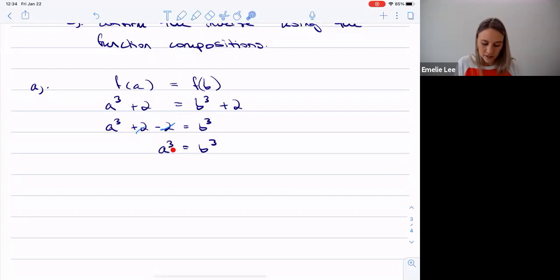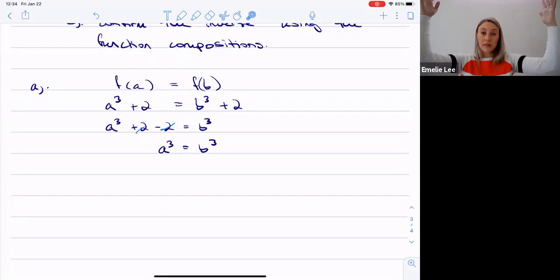What's nice about powers of 3 is that it retains negatives. You have to be careful with even powers. Even powers in general have this parabolic shape, which we know automatically won't pass the horizontal line test, and the reason is because the square doesn't retain the negative, whereas a power of 3, or an odd power in general, will retain the negative.